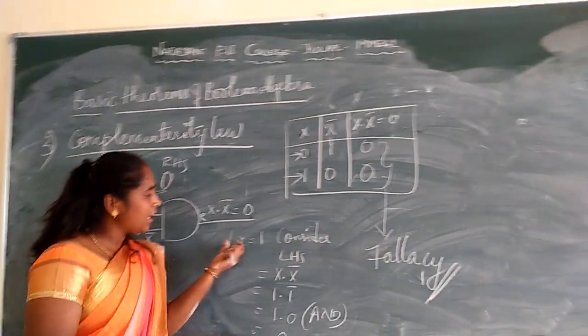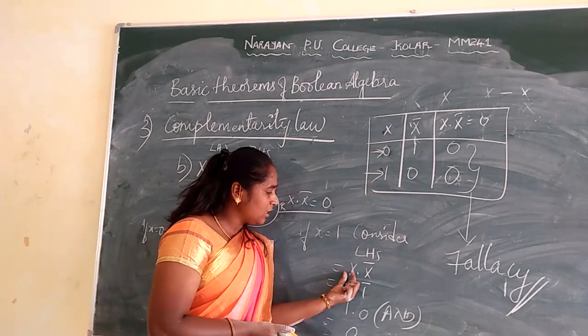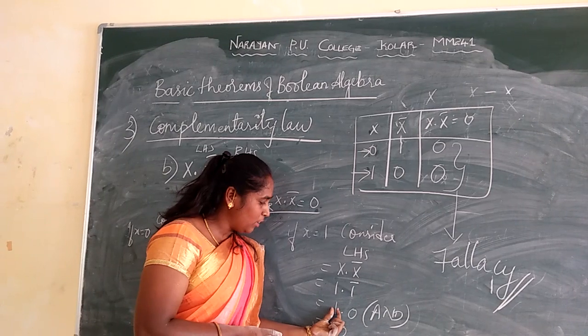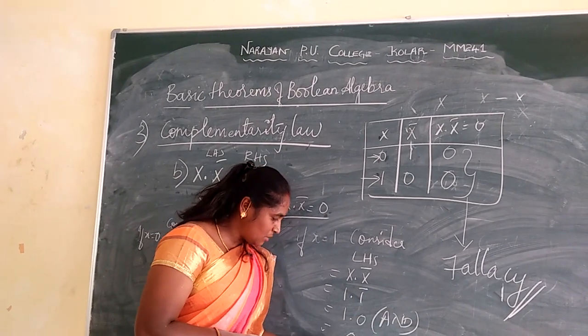Next condition, x is equal to 1. I am considering my LHS, substituting x equal to 1: 1 into 1 bar. The complement of 1 becomes 0, and 1 into 0 is nothing but 0.